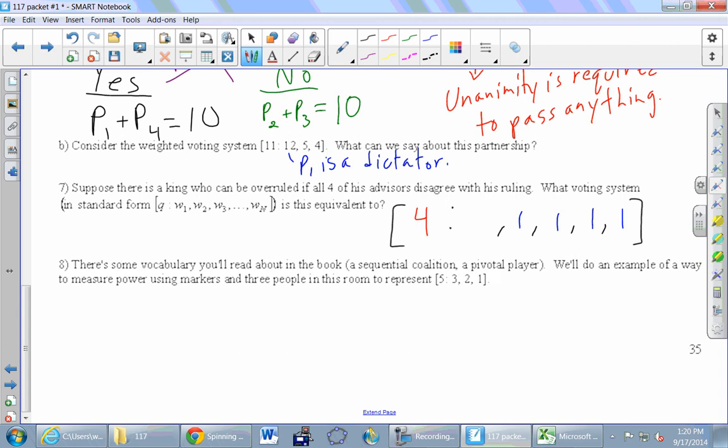And then we got to make sure the king can't pass something by him or herself. 3 is a perfectly good number. And so what that means is that if the king gets how many advisors on board, he could pass something. King just needs 1. That's exactly what this system is describing. So that's it.